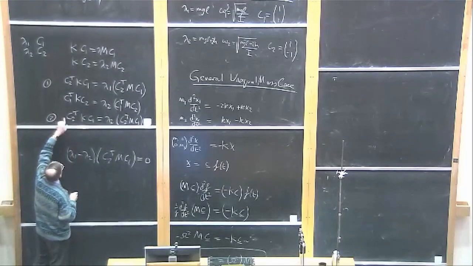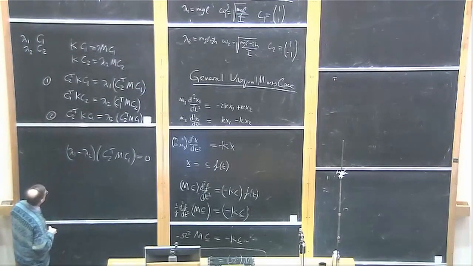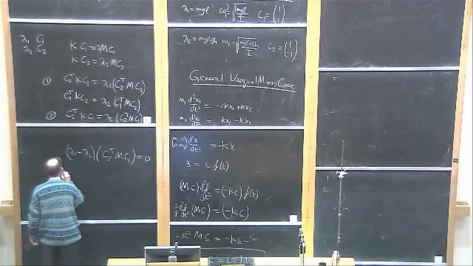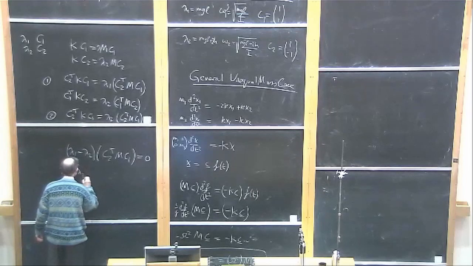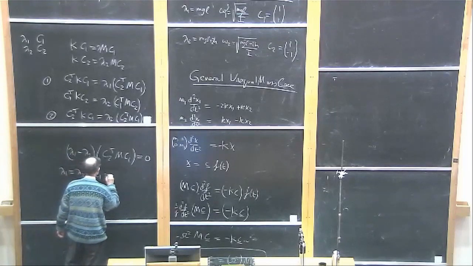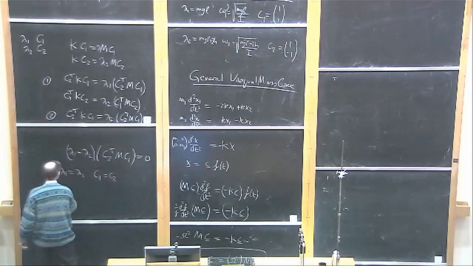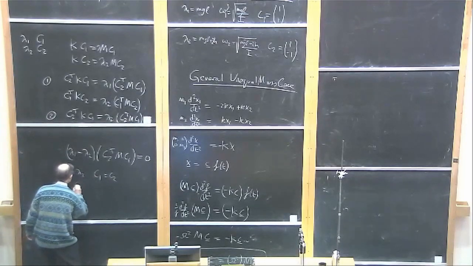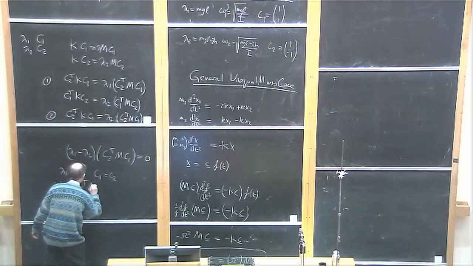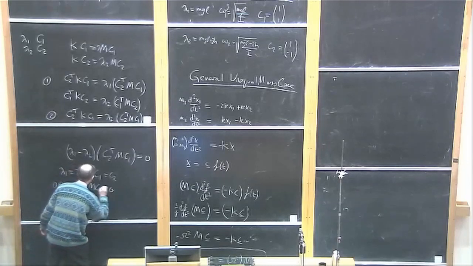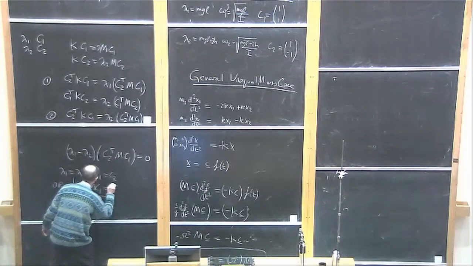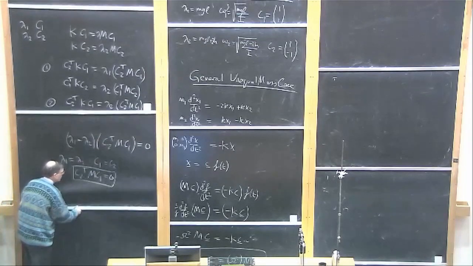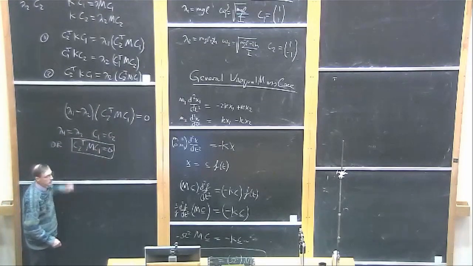And this side then gives 0, and the other side gave what I just wrote down. So either lambda 1 equals lambda 2, in which case for this problem C1 equals C2, or C2 transpose M C1 equals 0. So that is how orthogonality is defined. Orthogonality is defined with an M between the two vectors.